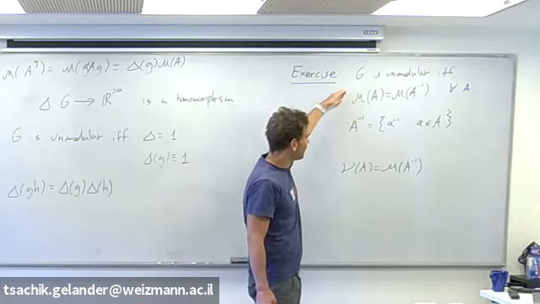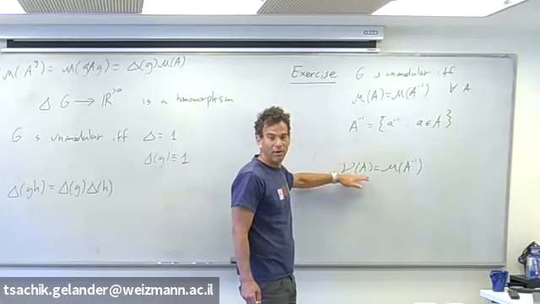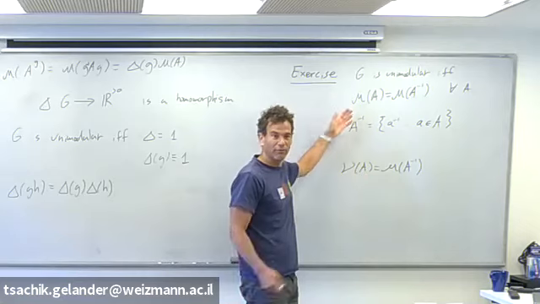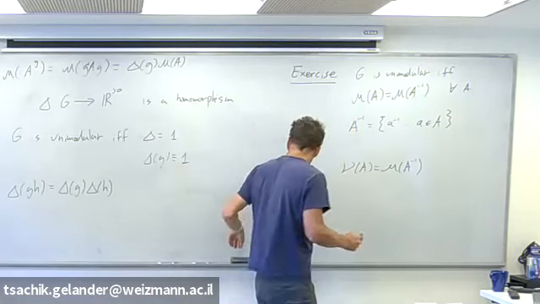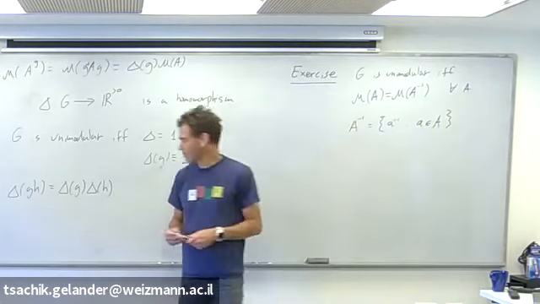But if G is unimodular, then this right measure is also a left measure, so it's up to scale the original one, but you need to show that this scale is one. After this hint, it should be an easy exercise.